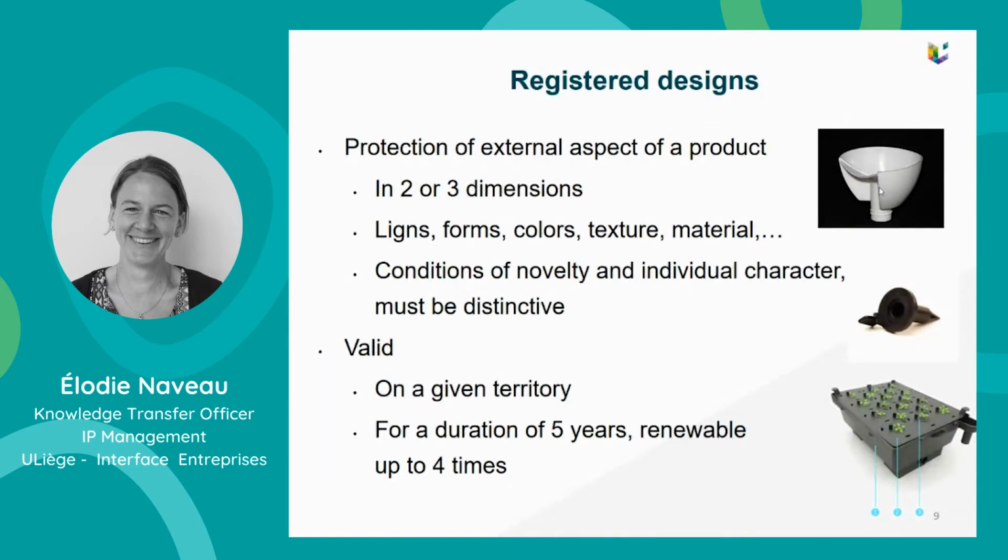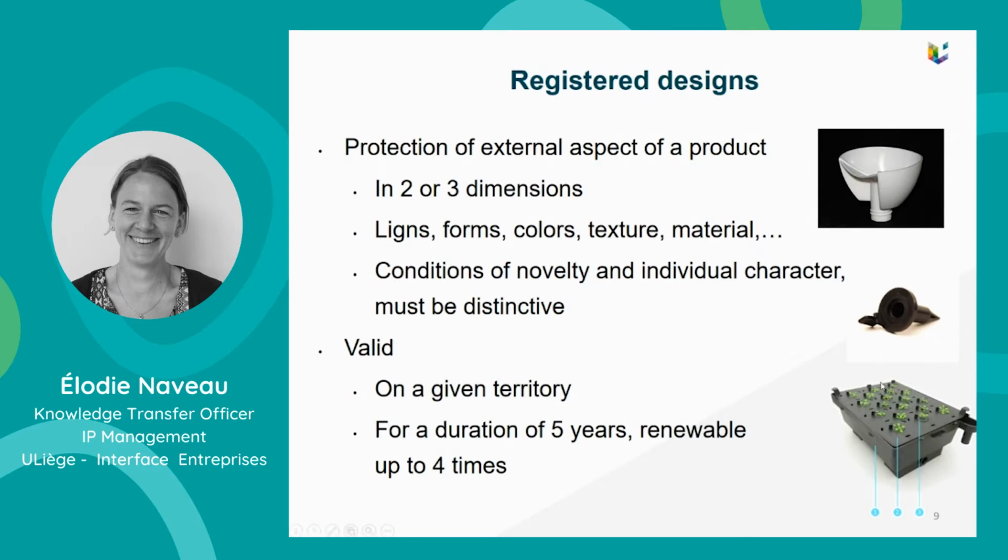There is also a patent on this protection, and these two IP rights can exist together. As you saw in a smartphone, there are many different IP rights. Here for this collection device, the patent will protect the technical aspect, and the design will protect the look, the shape of it.